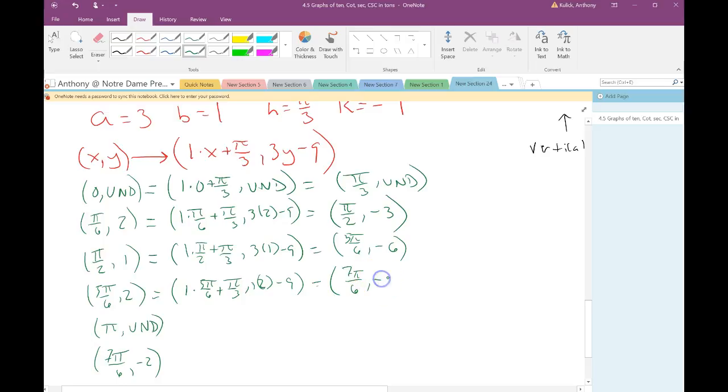I think that's right. And then, woo, thankfully we get an easy one. At least the y-coordinate's easy. What's pi plus pi over 3? 4 pi over 3. Yeah.